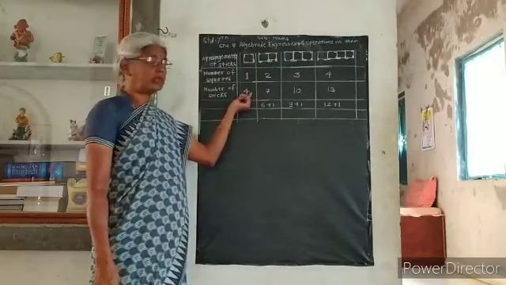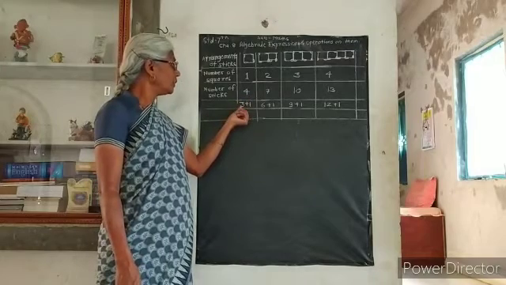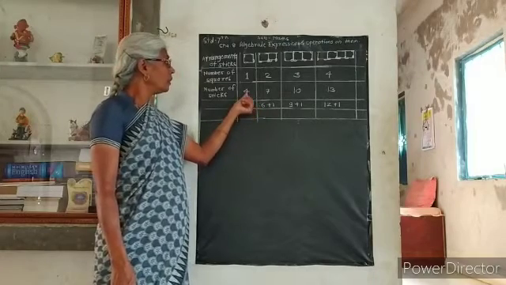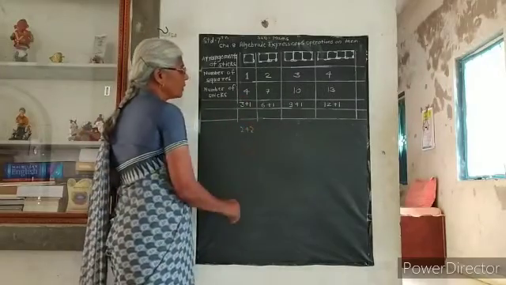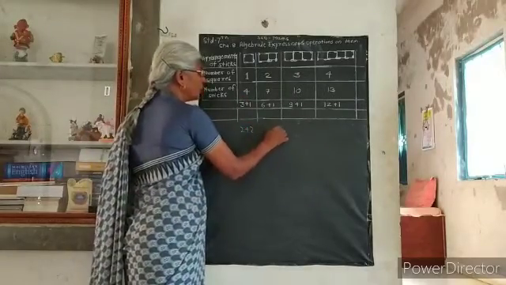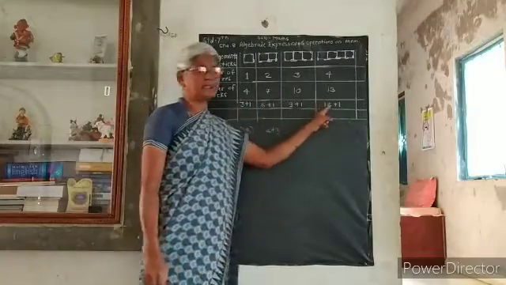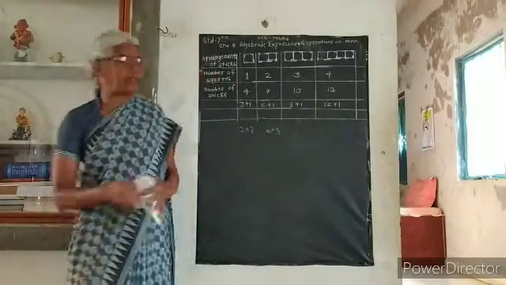Then this question is: why do we write it 3 plus 1, 6 plus 1? The number 4 we can write as 2 plus 2 also, 7 as 4 plus 3 also. Then why do we write like this? Observe neatly here.